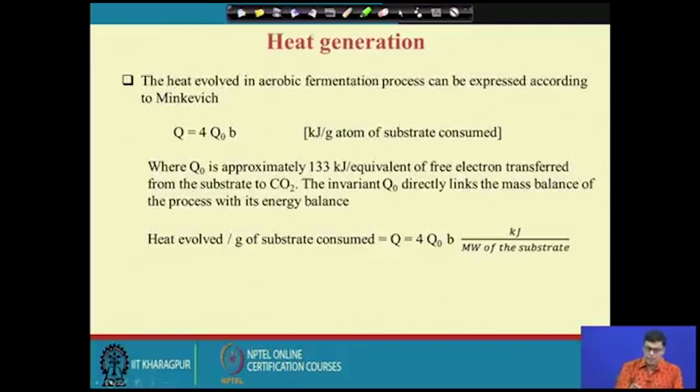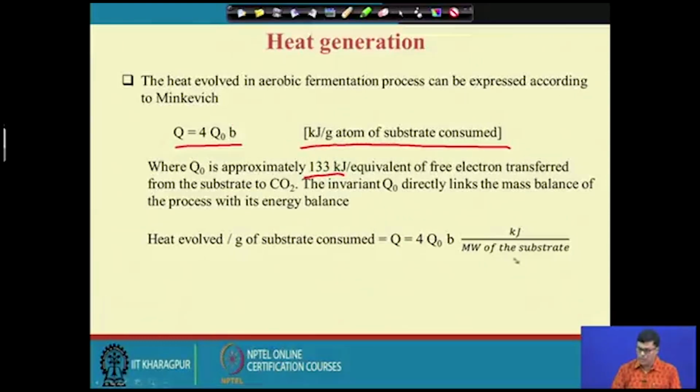Another thing I told you is that stoichiometry also determines how much heat is evolved in the biochemical process. Q equals 4 Q0 into B, and Q0 is equal to 133 kilojoules per equivalent of free electron transferred, into B. This unit is per gamma atom of substrate consumed.